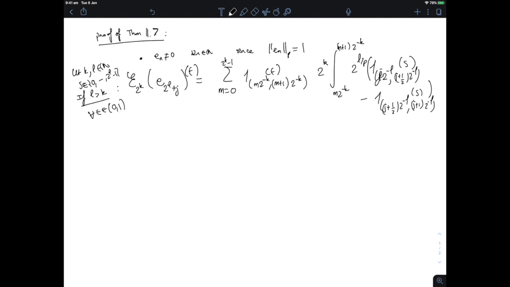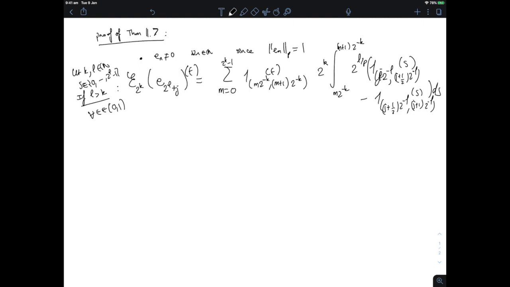Okay, so what happens here is that, first of all, this function that I'm integrating is supported in the interval from j 2^{-l} to (j+1) 2^{-l}. This interval is smaller than the other one, because that one has side length 2^{-k}, whereas this is supported in an interval of side length 2^{-l}, and l is greater than k. Now, these dyadic intervals are nested. So there are two possibilities.